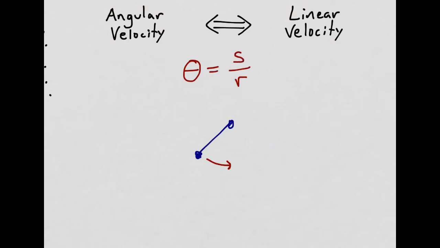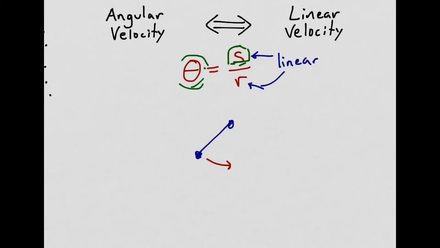So let's take a look at how that relationship works. s and r are both linear measurements, and in this setting r is fixed. So the two measurements that are actually changing are going to be s and theta. If we have a point moving around a circle with a fixed radius, r is going to stay the same, but s and theta are going to change in coordination with each other.